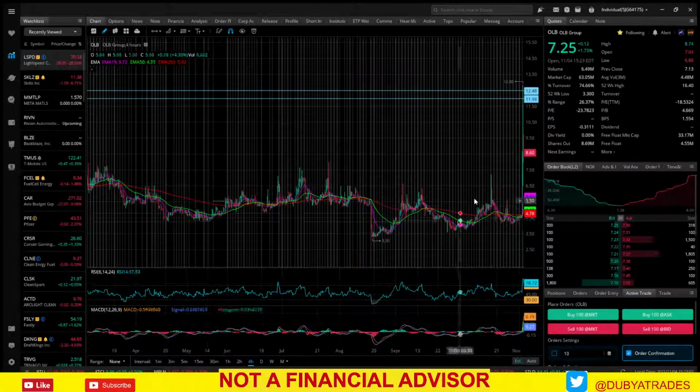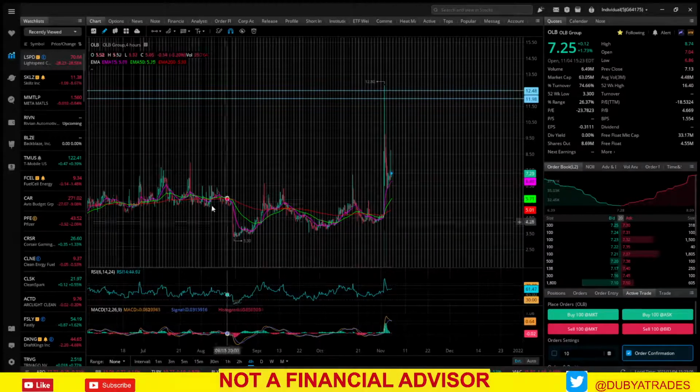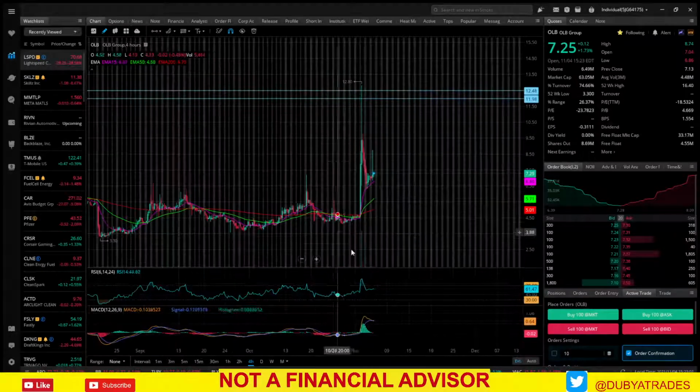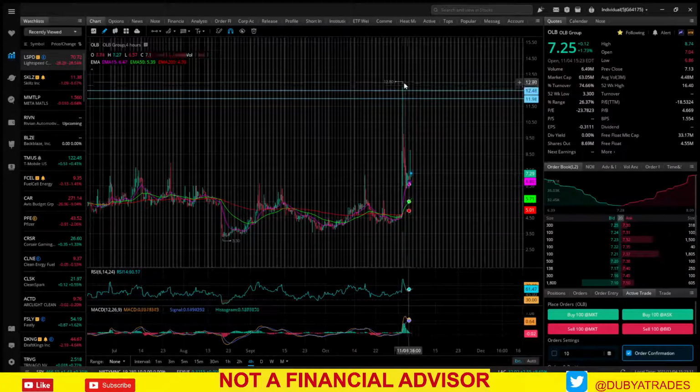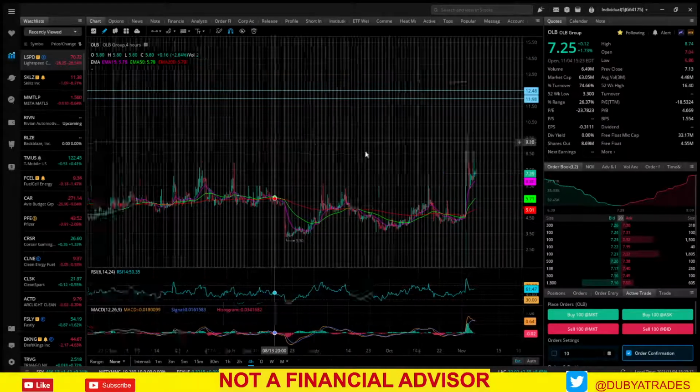You can see here that they've rallied a few times here and there, but never really broke over the 200. Well, with this rally, it's broke over the 200 and stayed there.